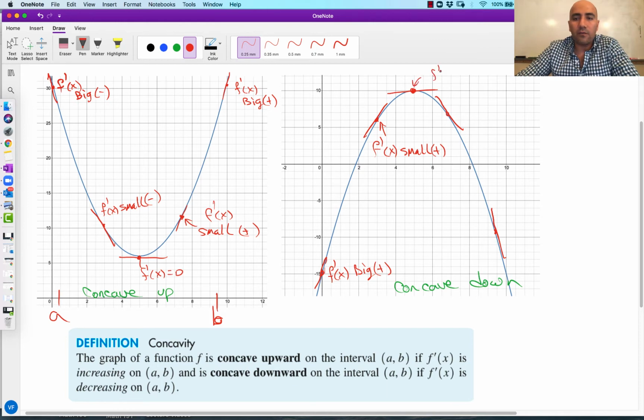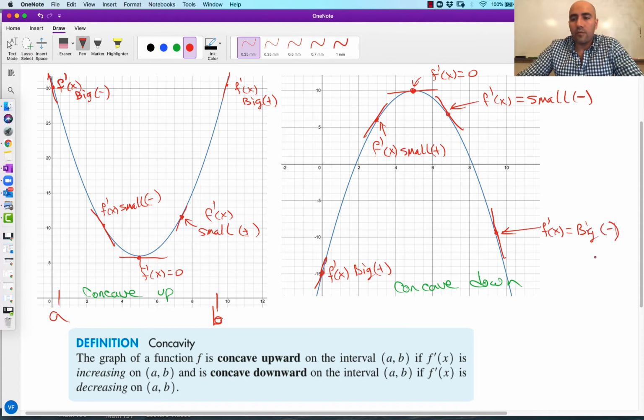So up here, the first derivative is equal to 0. Then we have a small negative. And then finally over here, that first derivative is going to be equal to a big negative. Remember, looking at the slopes of the tangent lines is equal to thinking about that first derivative.